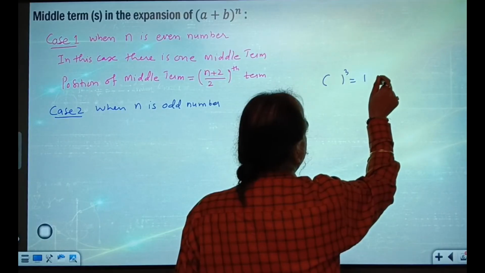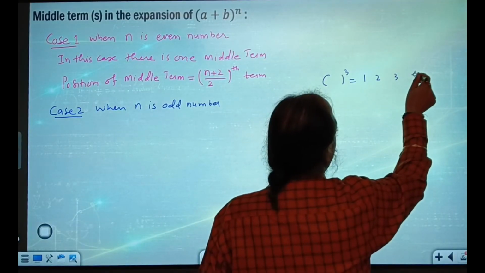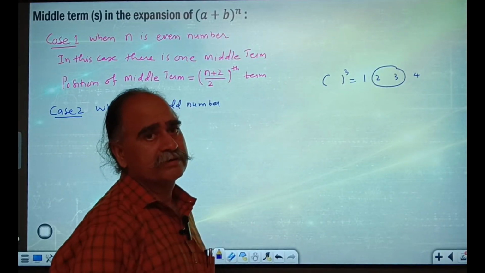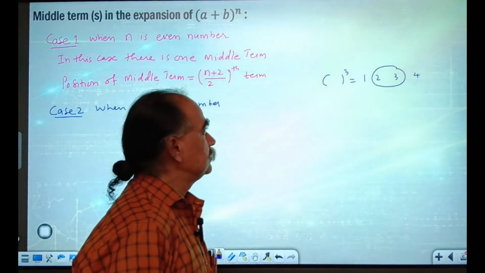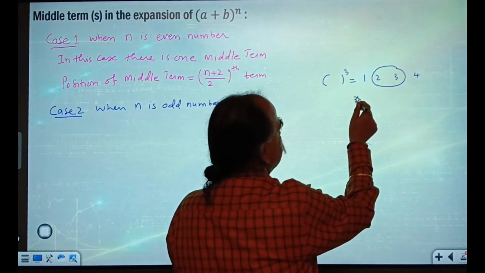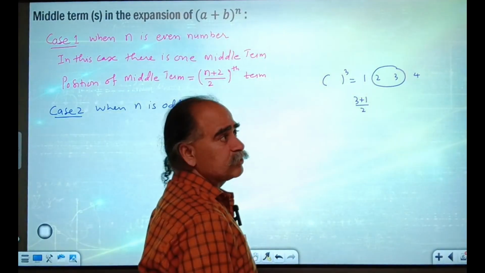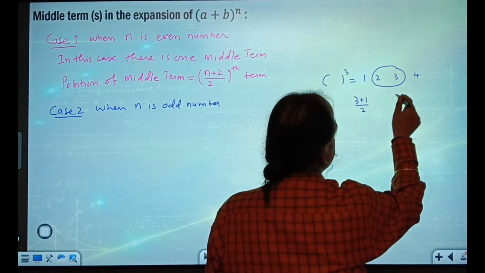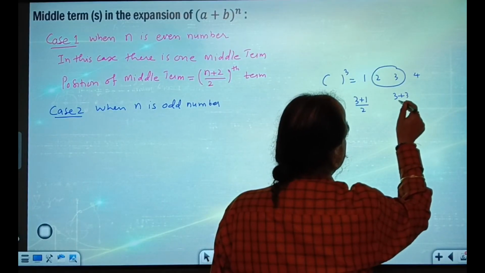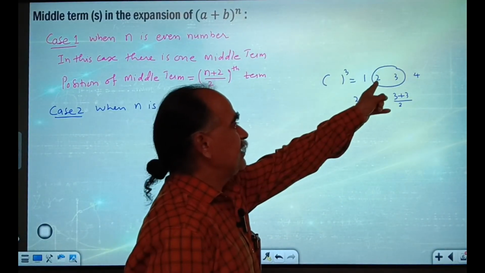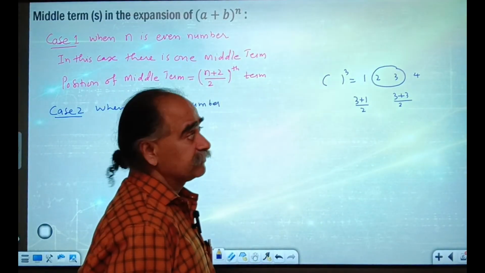There will be 4 terms: 1, 2, 3, 4. There are 2 middle terms, second and third. In 3 you add 1 upon 2, 4 upon 2 is the second term. And in 3 you add 3, third upon 2, 6 upon 2 is the third term. The second and third are middle terms.